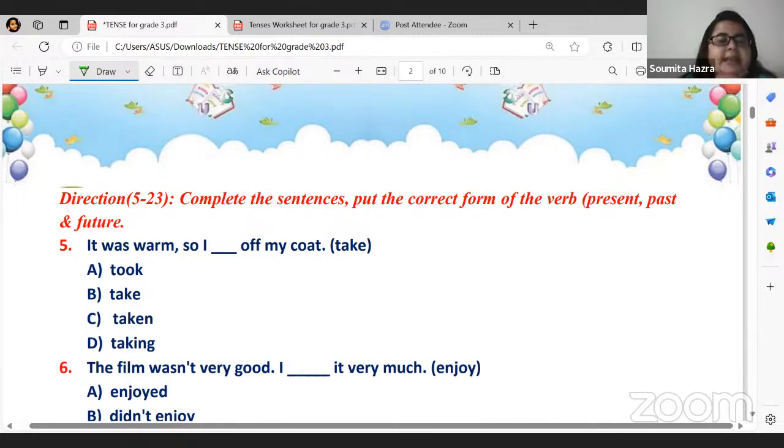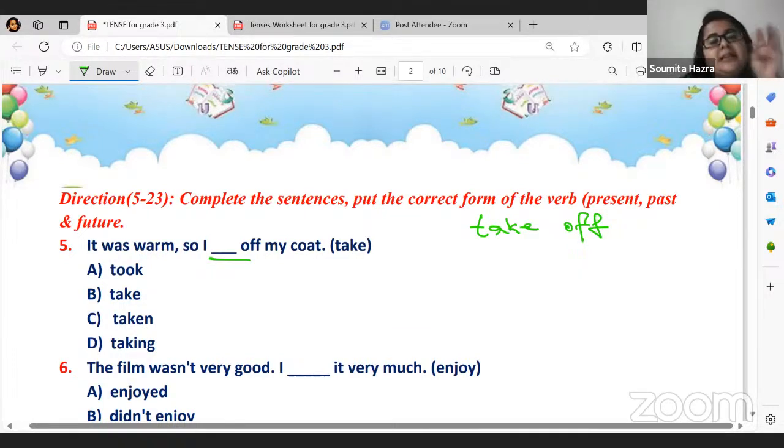Number 5. It was warm, so I dash off my coat. Take off. To take off is to remove. So somebody has taken off the coat, right? Now, first you need to understand what the tense is. Is the action taking place now, or has that action already taken place, or is the action about to take place?